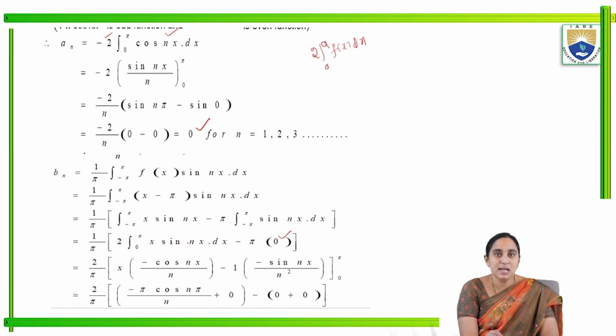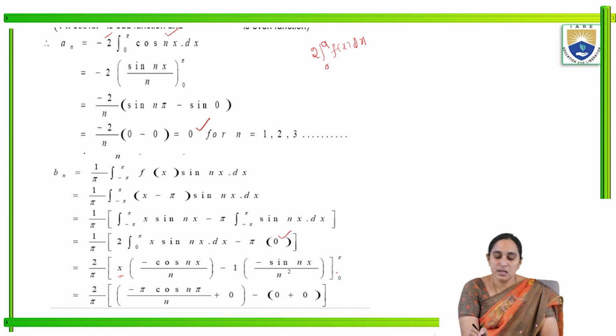The integration of x into sin nx is x times minus cos nx by n, minus the derivative of x, which is 1, times the integration of sin nx, which is minus sin nx by n square. This formula continues up to the constant derivative of the function x. Here the derivative of x is 1, so we have to stop the uv formula there.